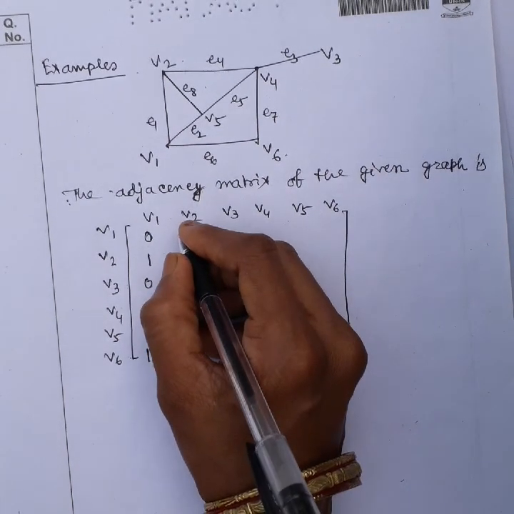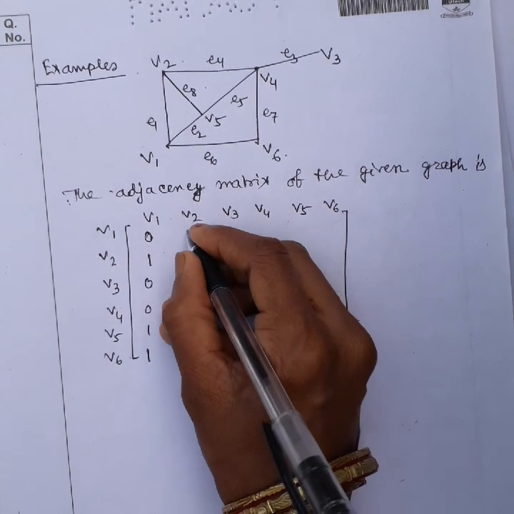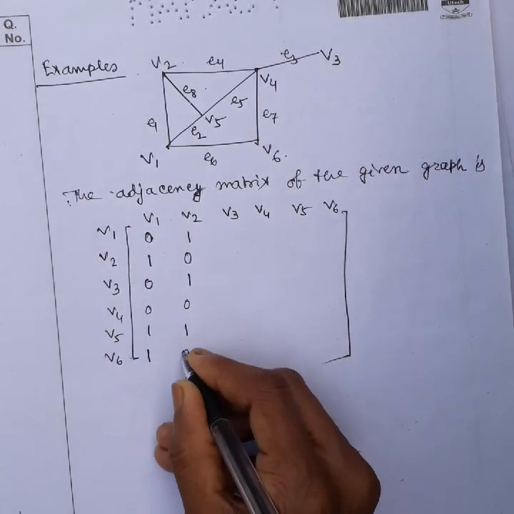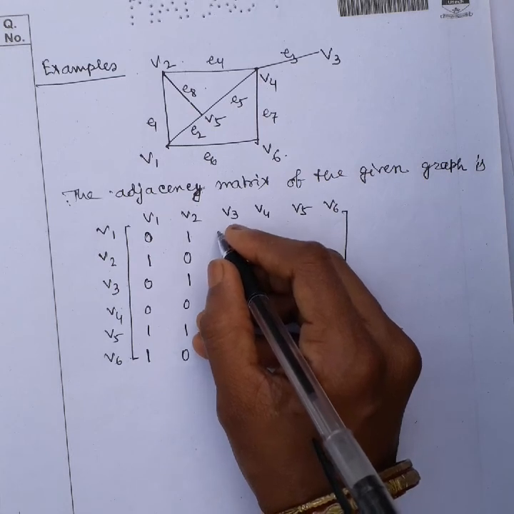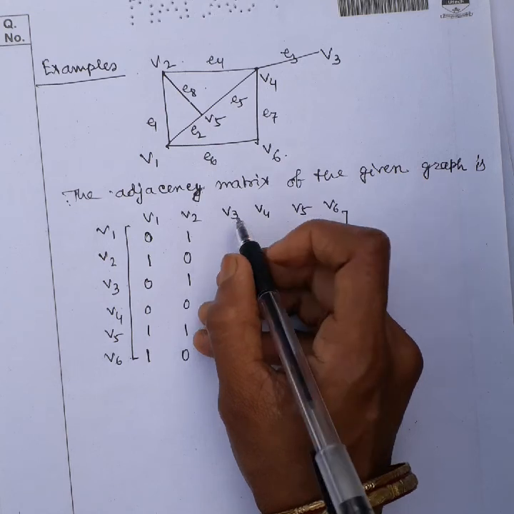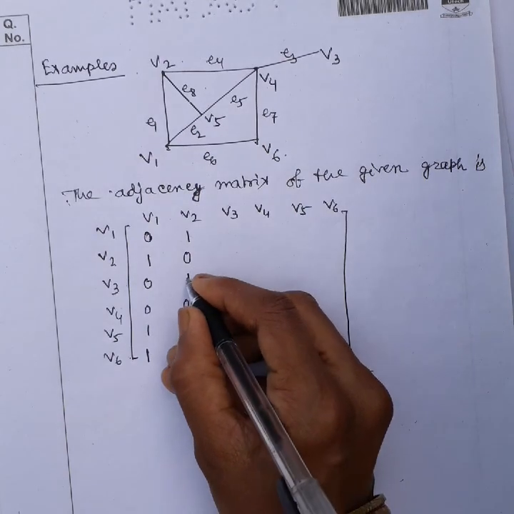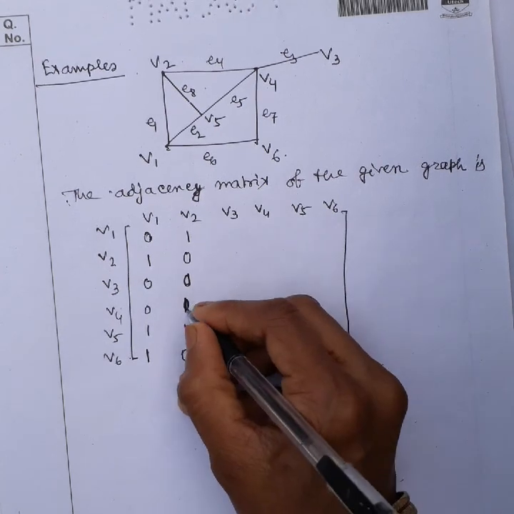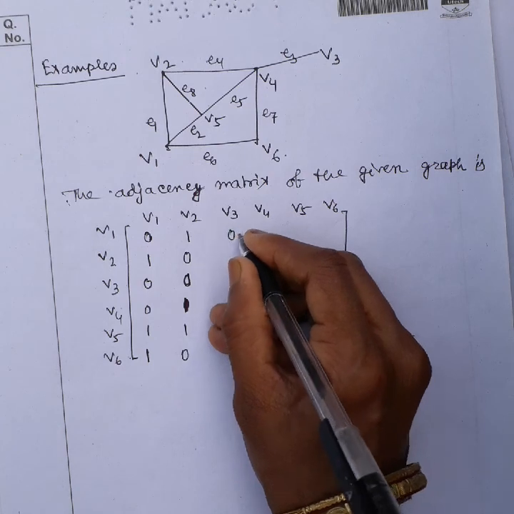Okay. Similarly, V2 is connected with V1, V3 and V5. Others are 0. Sorry, V4 is there. This is 0. Okay. Next, V3 is connected with only V4.